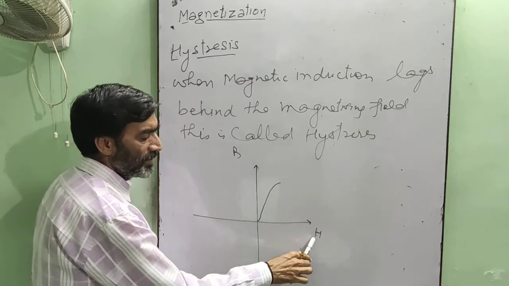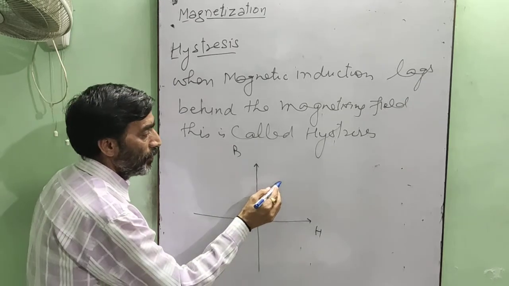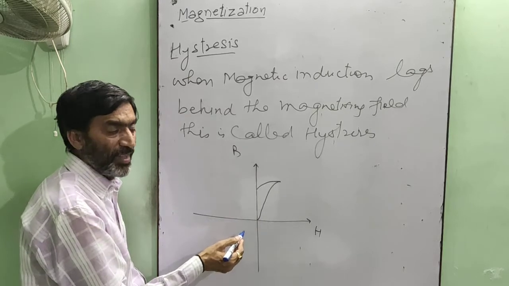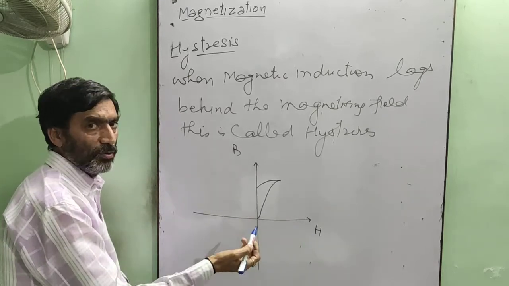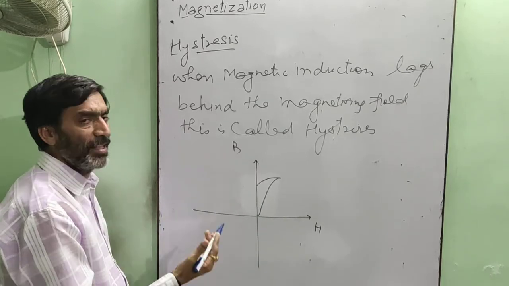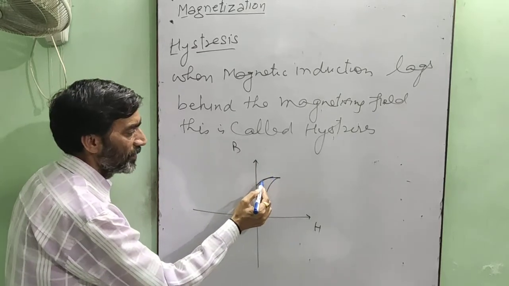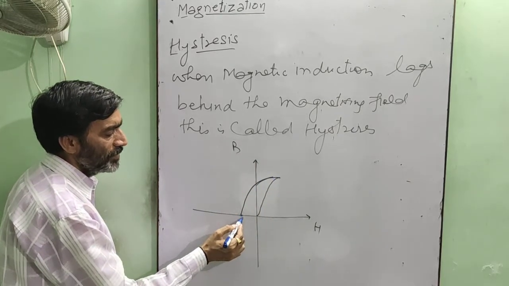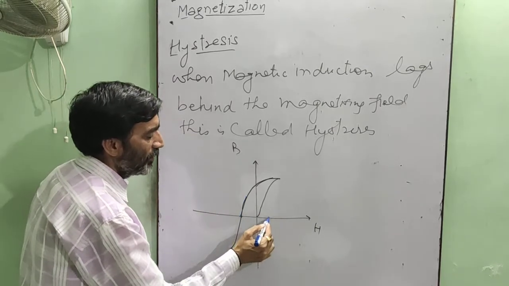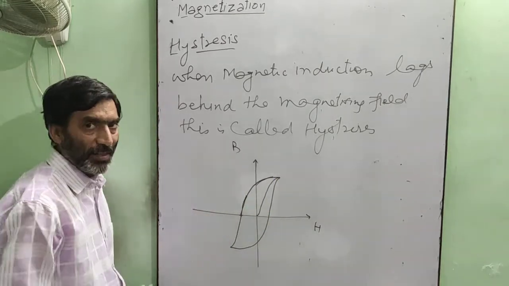As we decrease the magnetizing field, the B also decreases, but when H becomes 0, B doesn't become 0. If we increase H in the opposite direction, that is in the negative direction, magnetic induction decreases like that and becomes 0 at this point. We again increase H in the opposite direction, and by completing we get a loop like that.